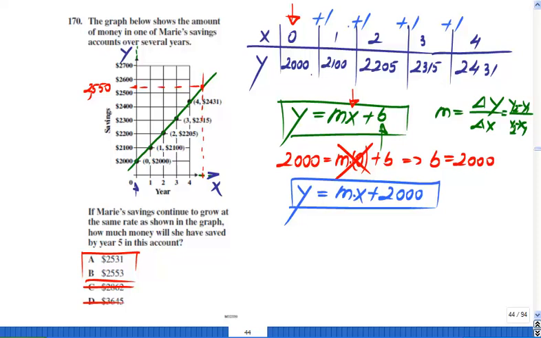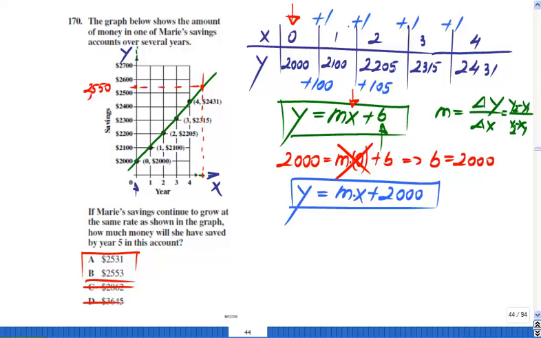Good. Let's see what is the change in y. From 2000 to 2100, I have positive 100, right? From 2100 to 2205, I have positive 105, right?